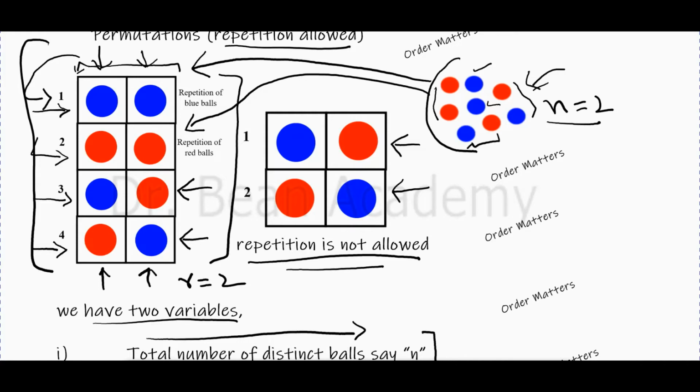And I know it must be very confusing to differentiate N and R. So next we will solve an example, and I hope you will understand it very clearly. N is the total number of distinct choices available to you to pick up, and R is the size of the permutation. For example, we can increase the size of the permutation.